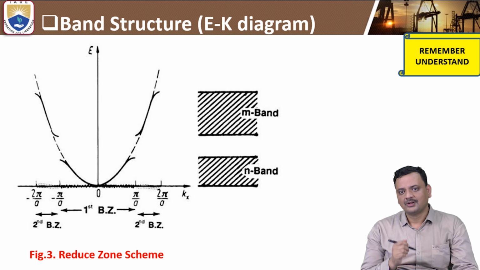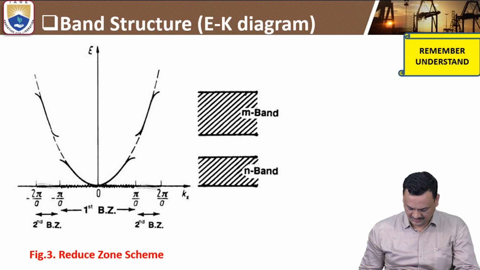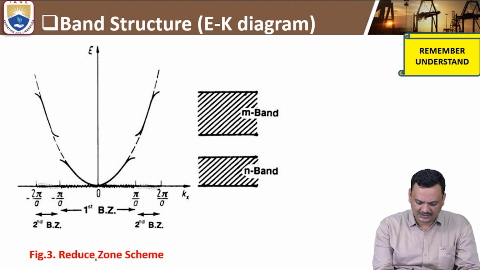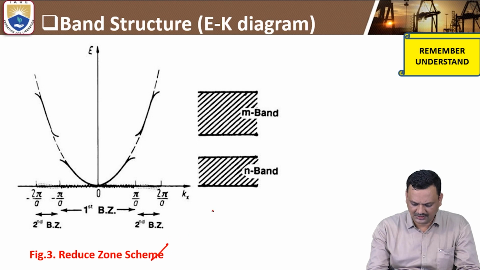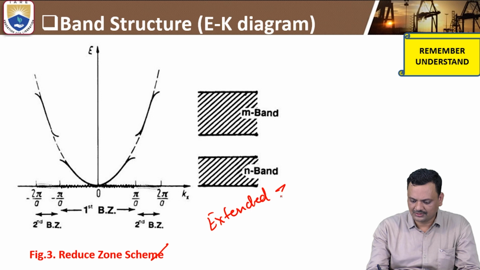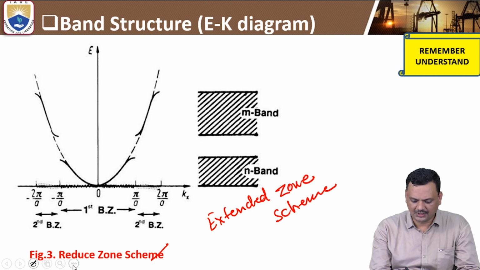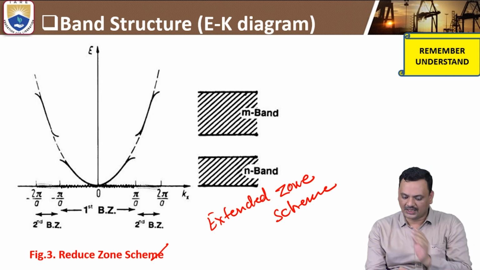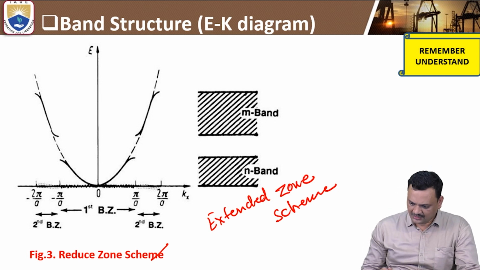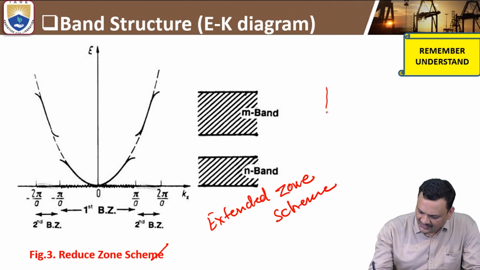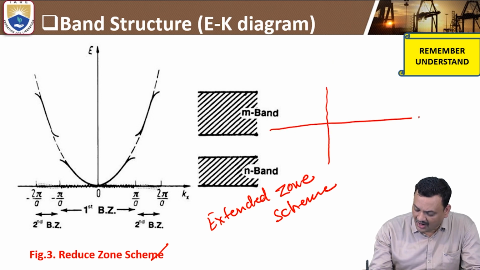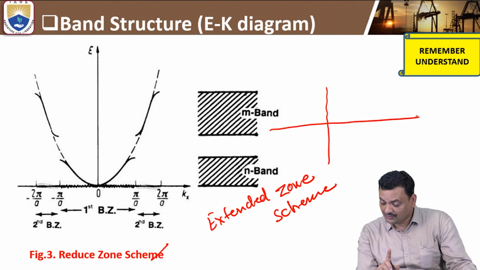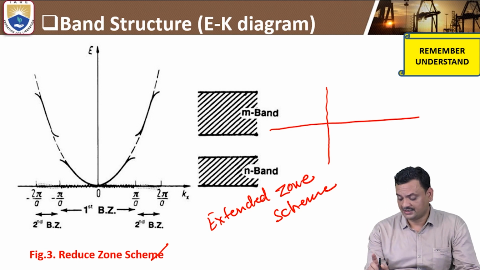Now, again, this is not a reduced zone scheme. This is extended zone scheme. Whatever is written here is wrong. It is extended zone scheme. So what is this? This is a plot for one energy eigenstate.